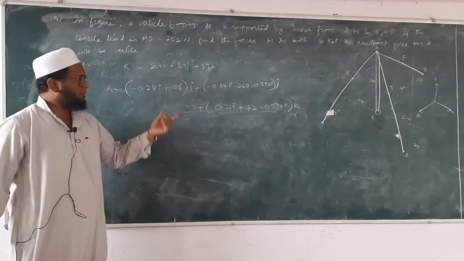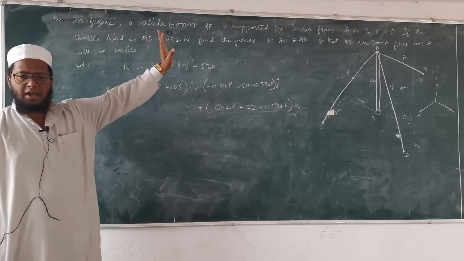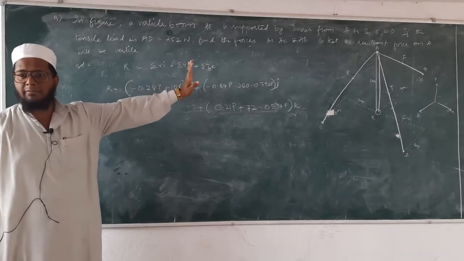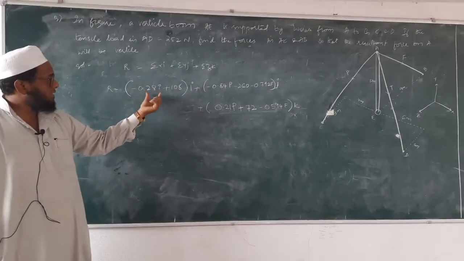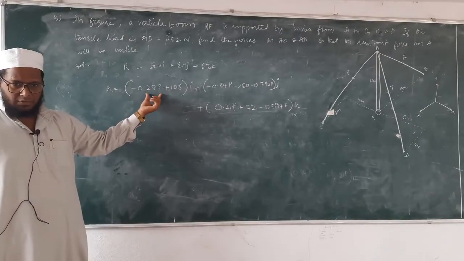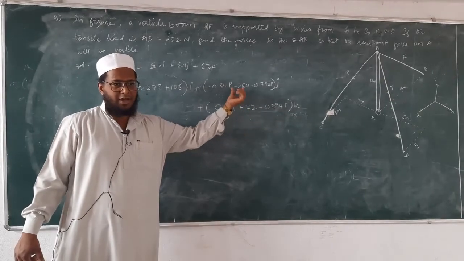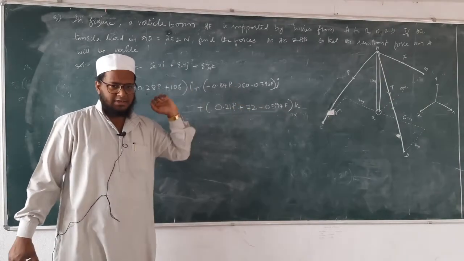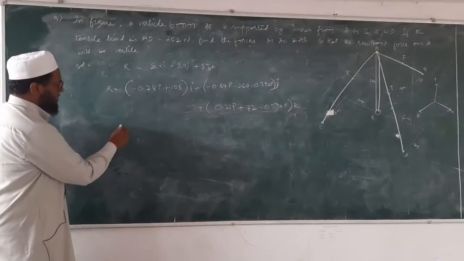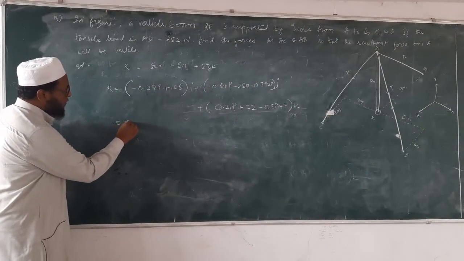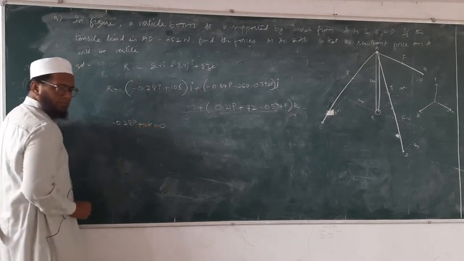Now, as per the given question, the resultant is going in vertical direction. That means Rx is equal to 0 and Rz is equal to 0. Ry will be the resultant. So we can make this as 0, right? So minus 0.28P plus 108 is equal to 0.